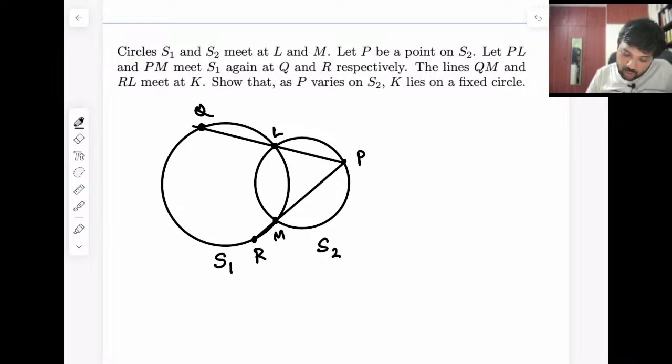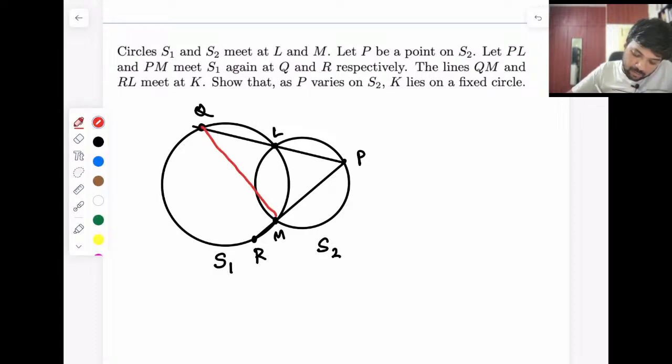The lines QM and RL meet at K. It looks like it's on the circle. Maybe it's not actually, this is a bad drawing. Show that as P varies on S2, K lies on a fixed circle.